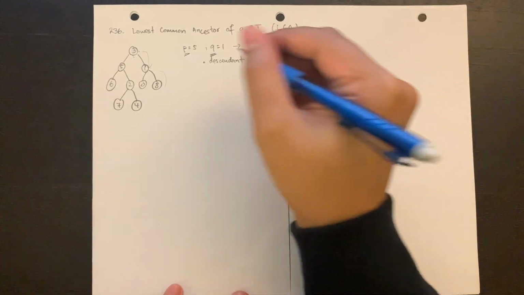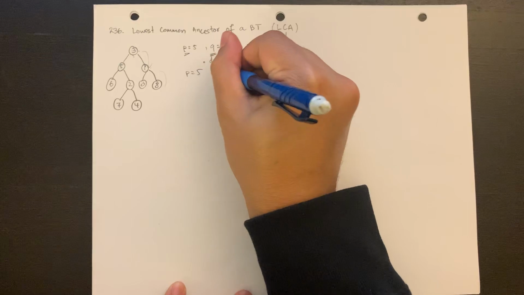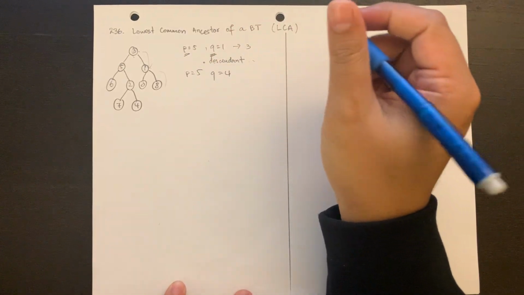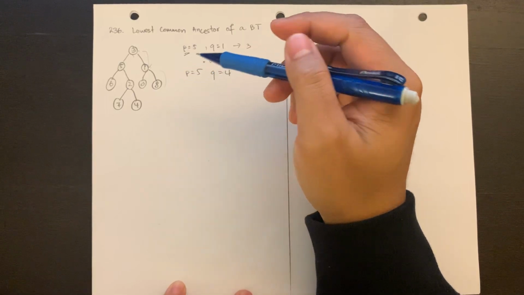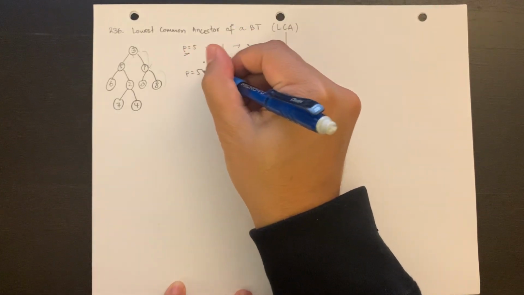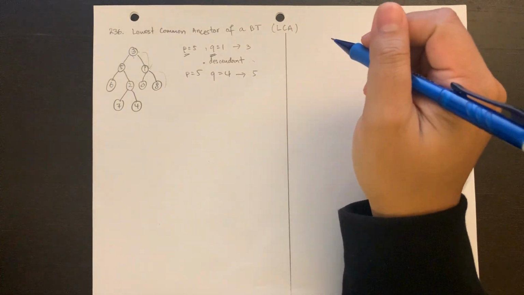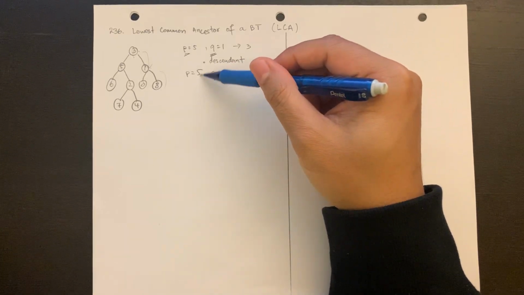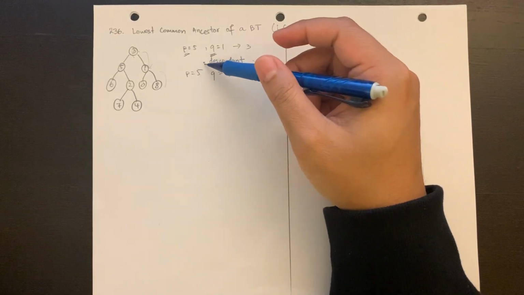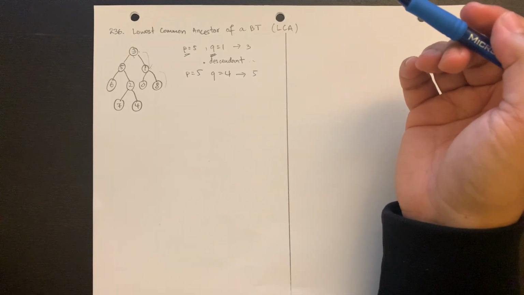They give us another example: when P is equal to 5 and Q is equal to 4, the output is 5 because 5 is a descendant of itself.